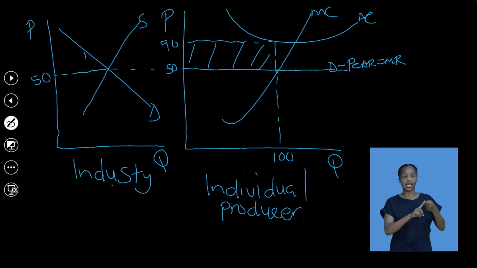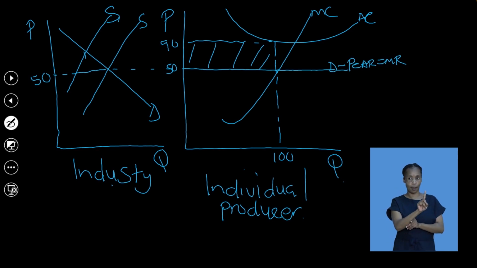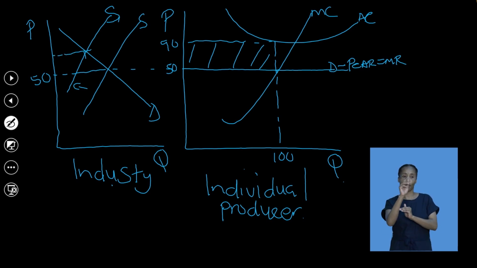Number one, our supply curve is going to shift from S to S1, which means we are supplying less. The second thing is that we have a new equilibrium, and our price is going to go up. Typically they will exit until our price is sitting at 90. So our price has gone up.